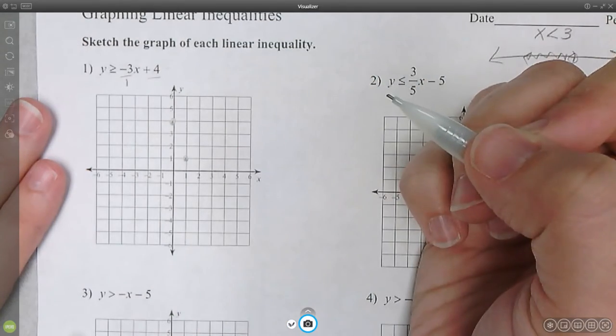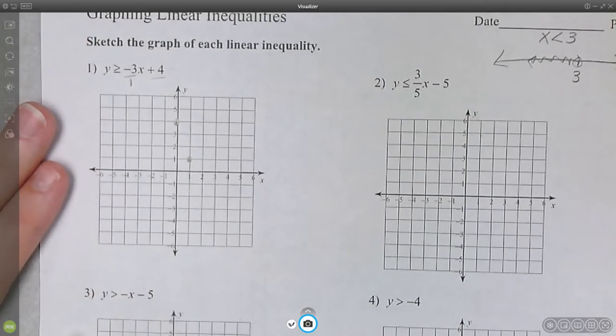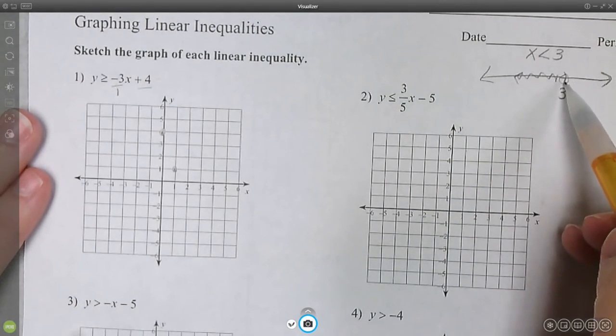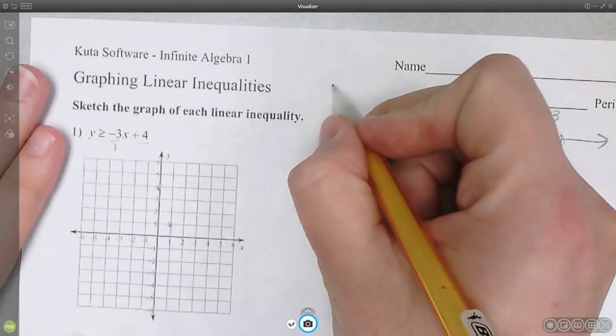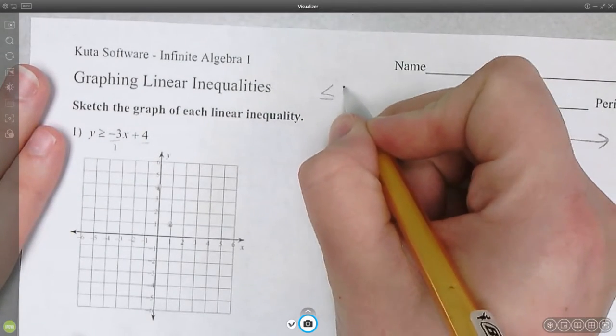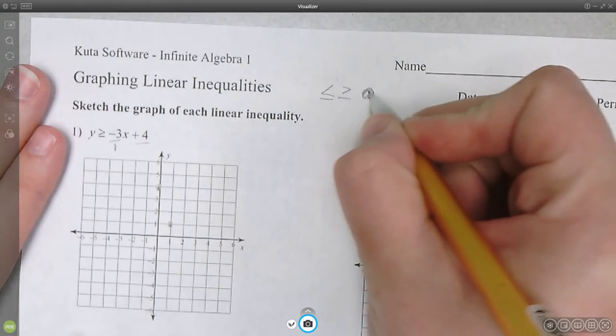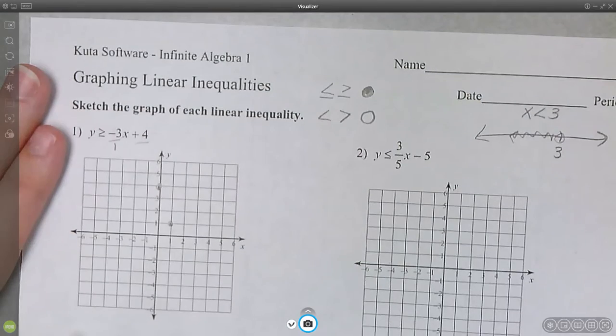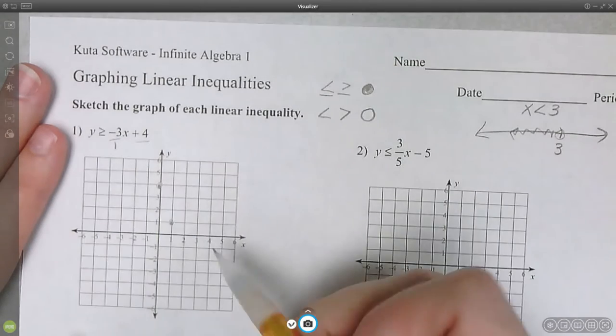So now when you go to connect these 2 points, if you go back up to this example, you know how we have either an open circle or a closed circle. If it's less than or equal to or greater than or equal to, you have a filled in circle. If it's less than or greater than, you have an open circle. So it's similar here.